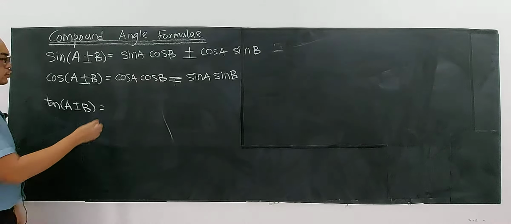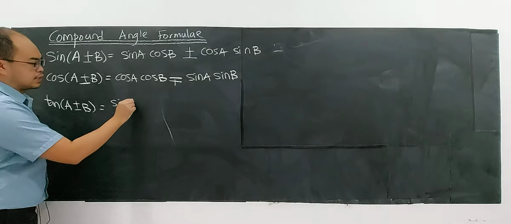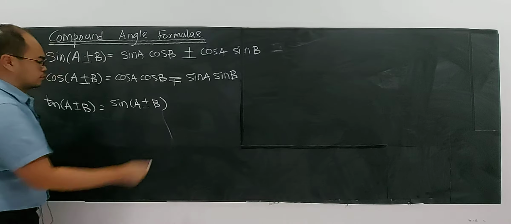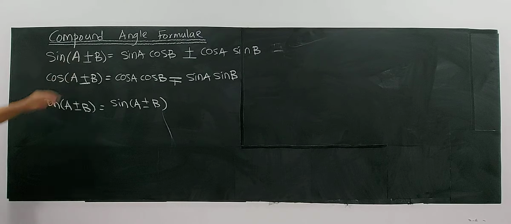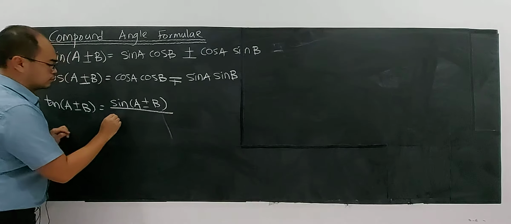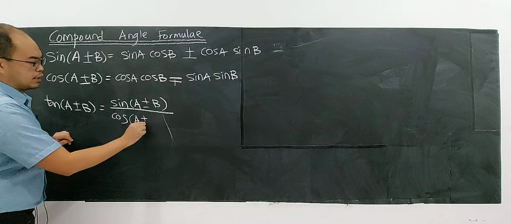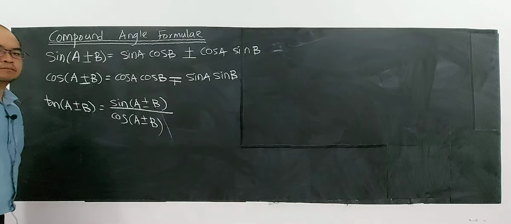Because as you know, tangent A plus minus B is sine A plus minus B over cos A plus minus B, sine over cos, right?